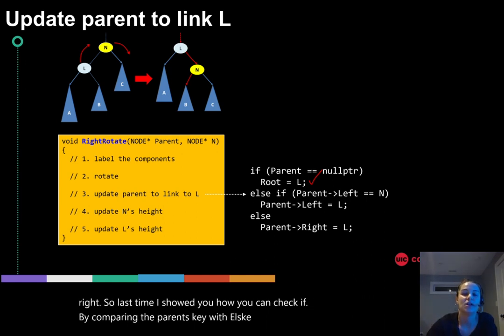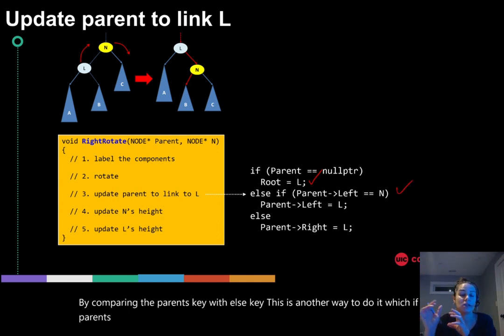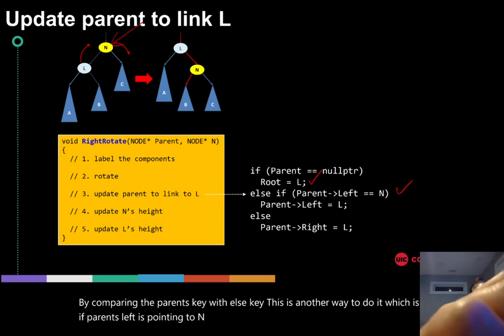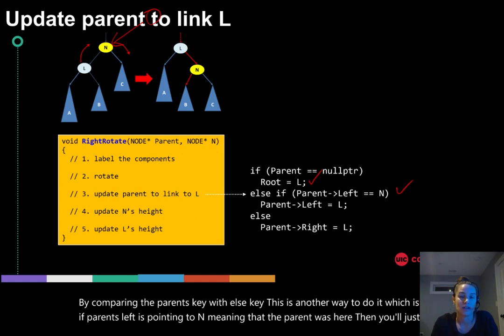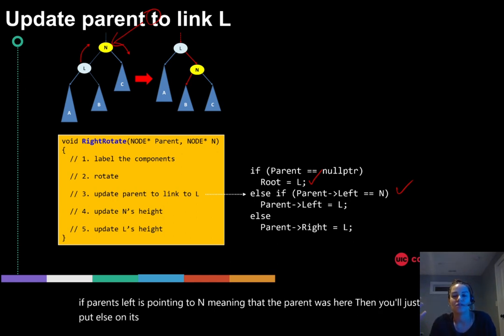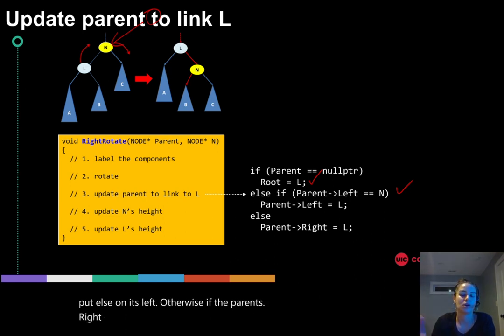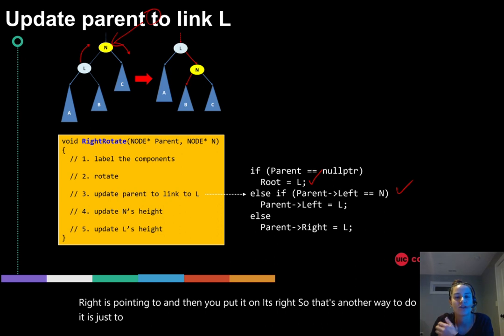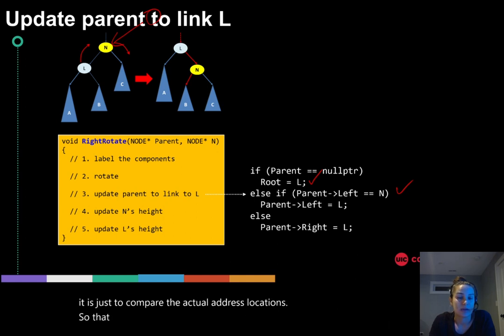This is another way to do it: if the parent's left is pointing to N, meaning that the parent was here, then you'll just put L on its left. Otherwise, if the parent's right is pointing to N, then you'd put it on its right. So that's another way to do it, is just to compare the actual address locations. So that gets the parent linked up correctly.